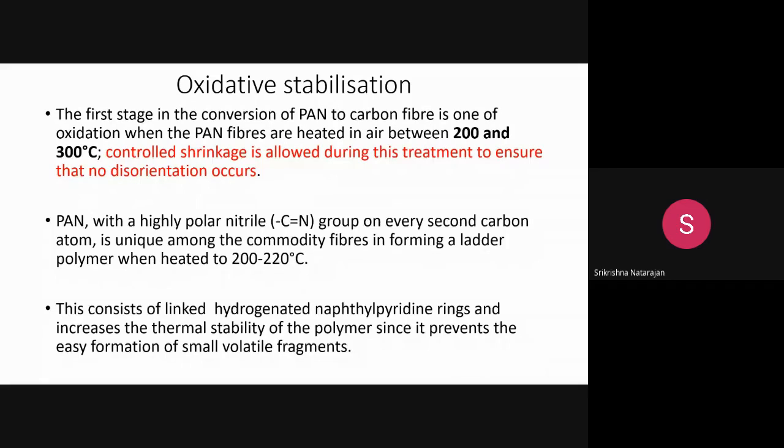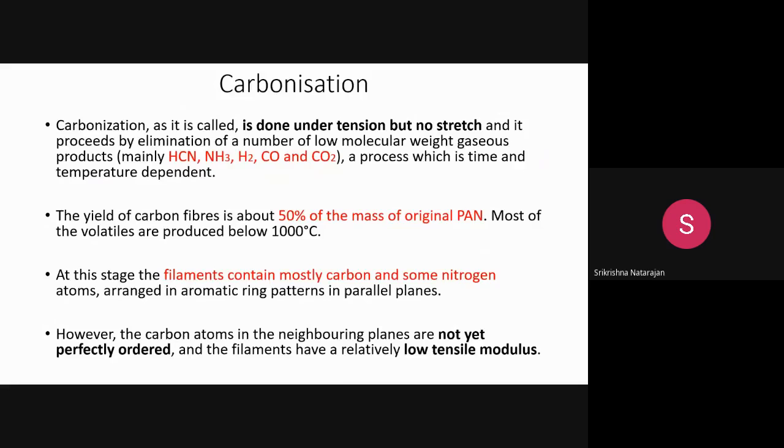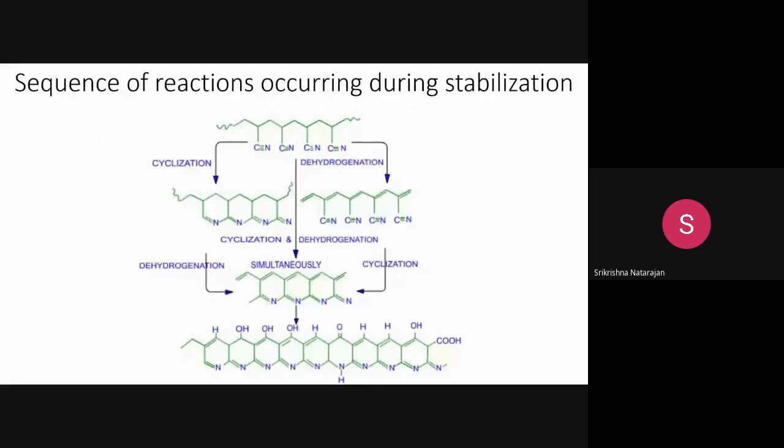So what will happen? These polar nitrile groups will start burning, and if you burn it, it will start breaking down into fragments.